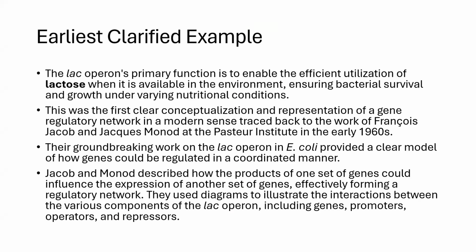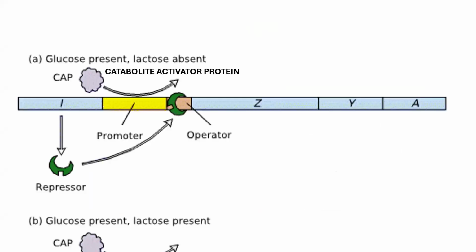And this is a pretty complex system that involves the lac operon, genes, promoters, operators, and repressors. So the lac operon's primary function allows bacteria to switch the phenotype so that they can actually use lactose efficiently under varying nutritional conditions.